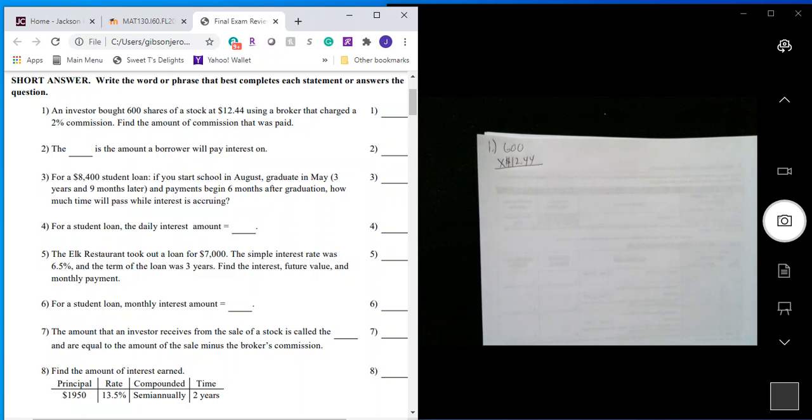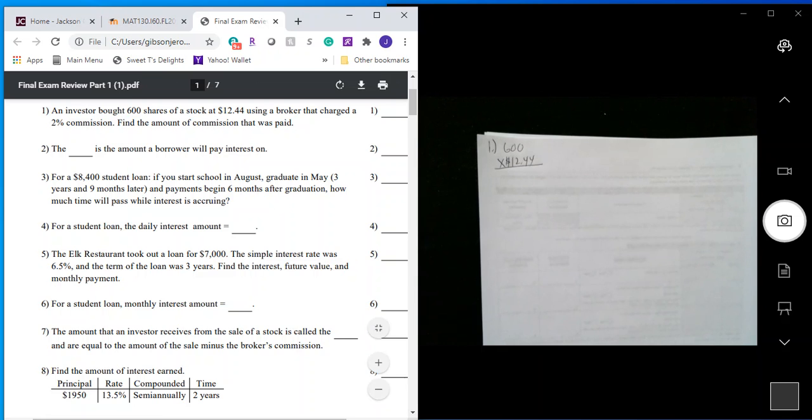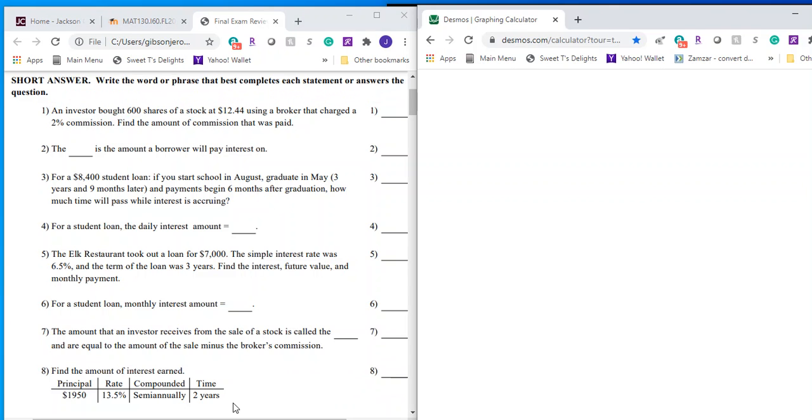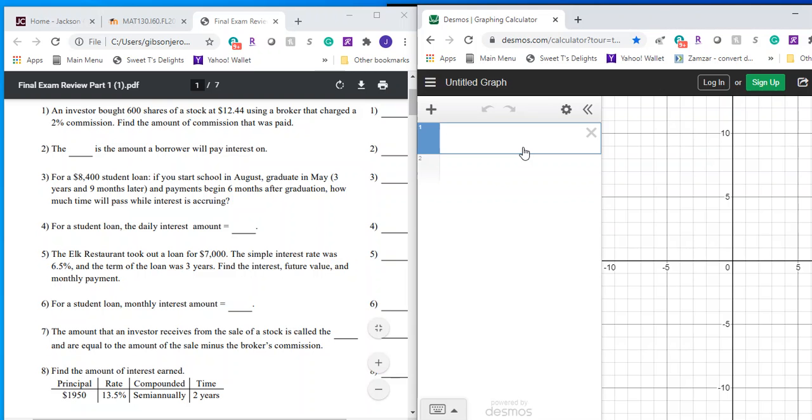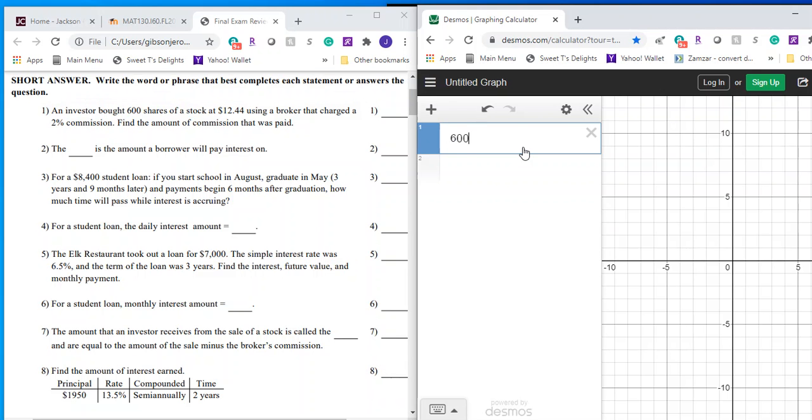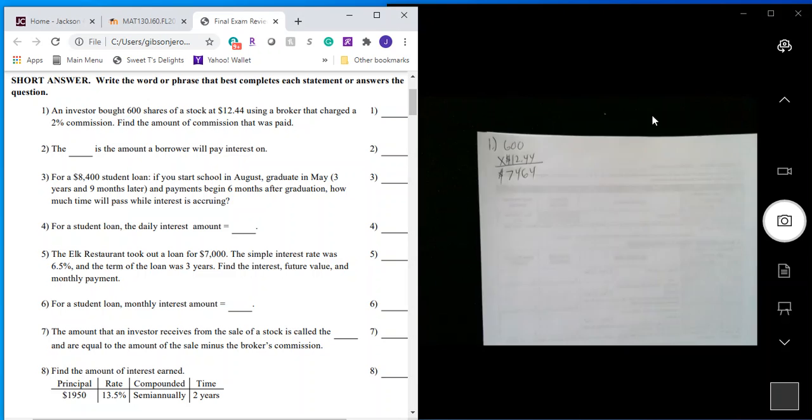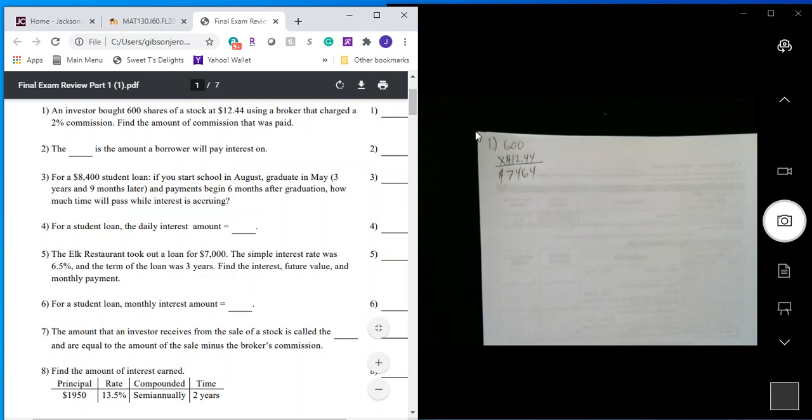So we could put that in our calculator. We have 600 times $12.44. So that would give us $7,464. Okay. Now that is how much we paid for the stock.